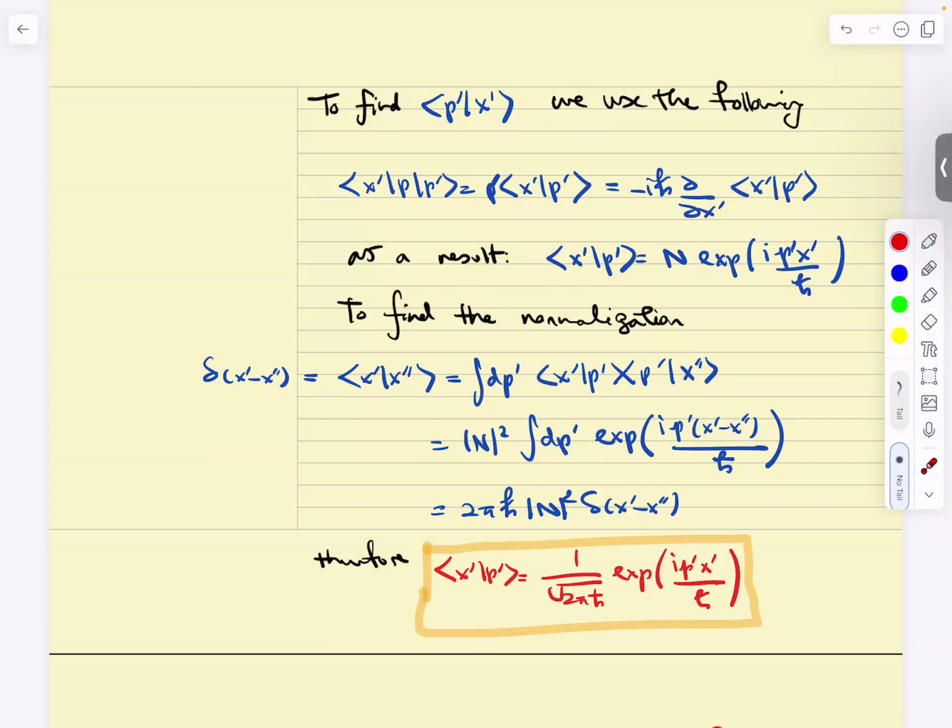Now I can normalize things because this has to be a Dirac delta function. I can do this integral explicitly. Do you guys know this integral?